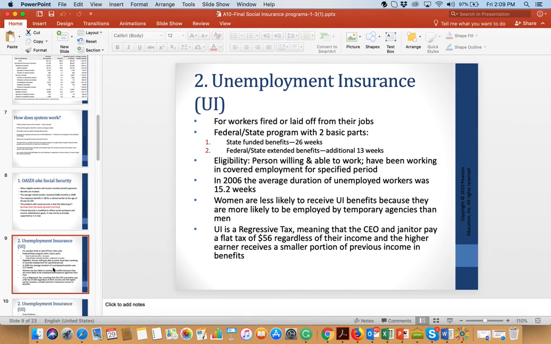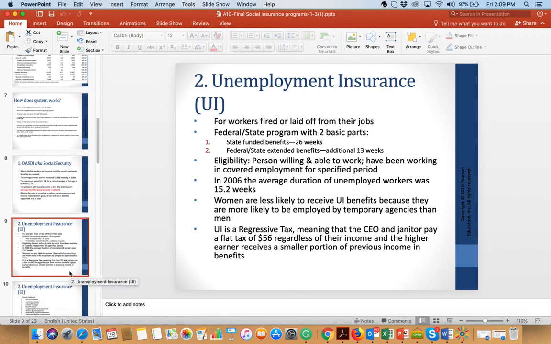It is regressive because if both of you lose your jobs, the CEO will get less unemployment insurance compensation compared to the janitor. Why? Because it's assumed that the CEO may have at least some savings to help them go over that bump.